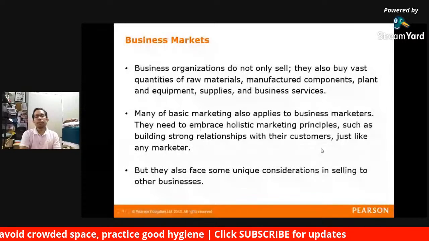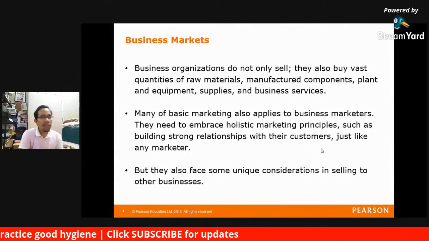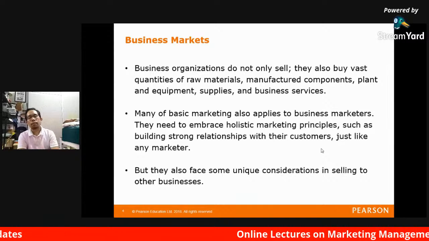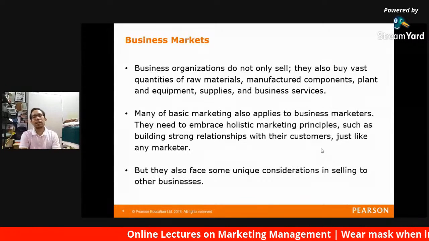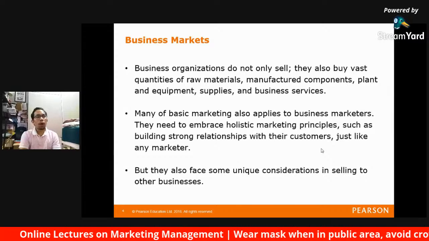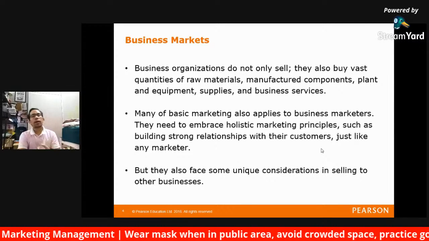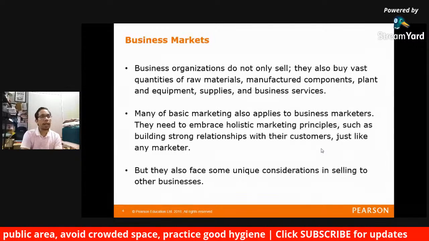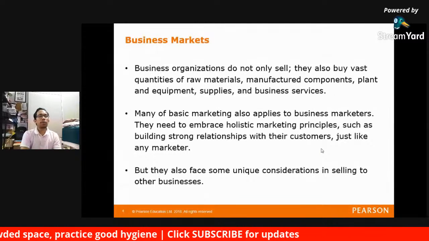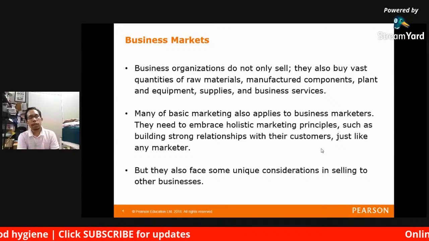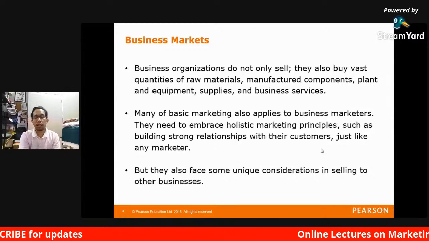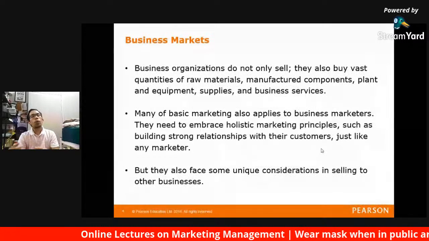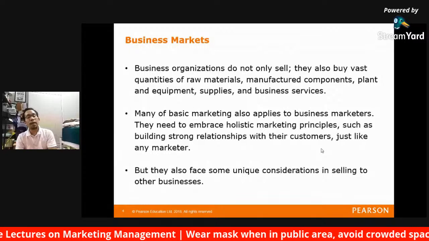Okay, the business market. Business organizations do not only sell, but they also buy vast quantities. The quantity they buy from the market is different from the consumer. So the raw materials, the manufactured components, the plant and equipment, the suppliers, and the business services can be anything that we use to make sure we can supply something back to the market.